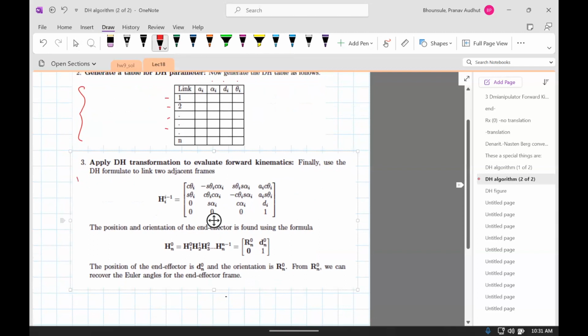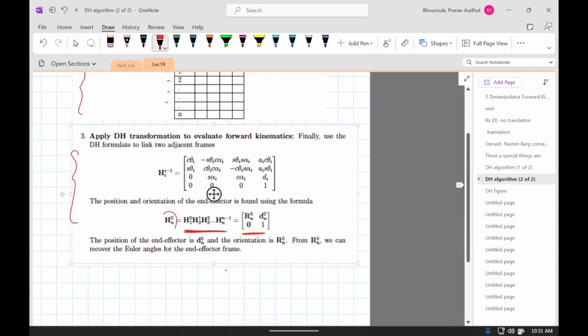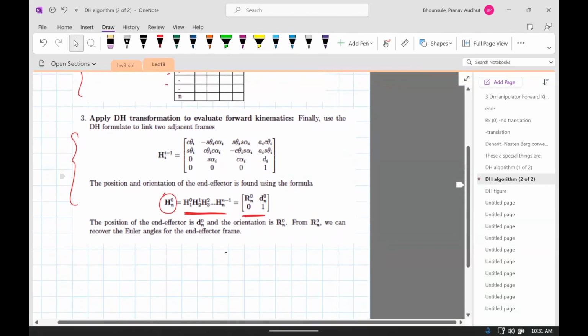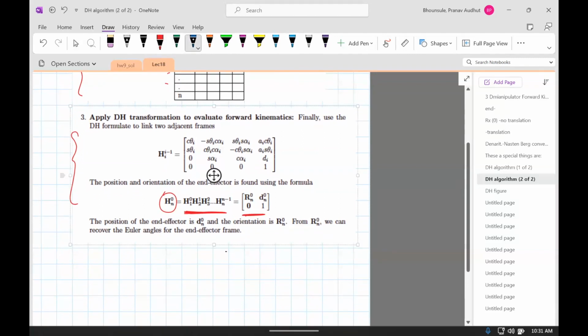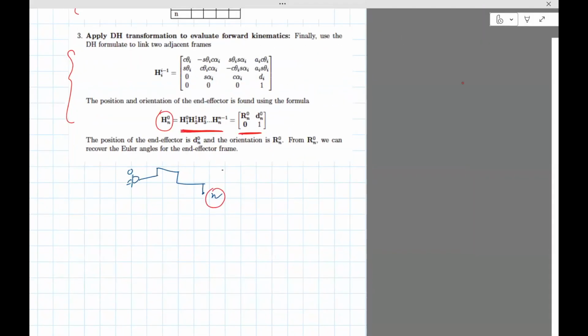The easiest one is the actual formula, which is taking that table, plugging into H i, and then concatenating them, multiplying them, so that you get H n with respect to 0. Remember, this is the nth link. If you have a manipulator with links, this is the nth, this is the 0th. So this tells you the position and also the orientation of the nth link with respect to 0.